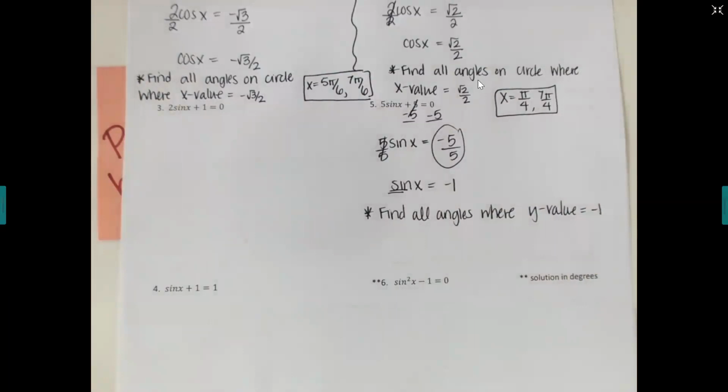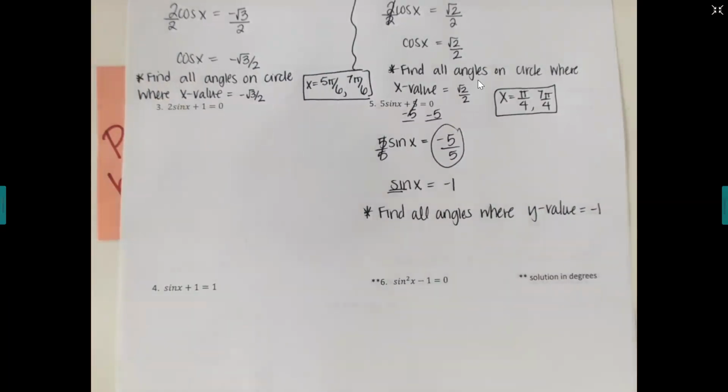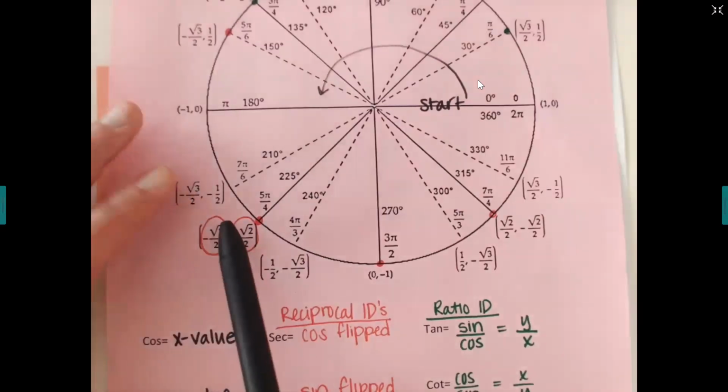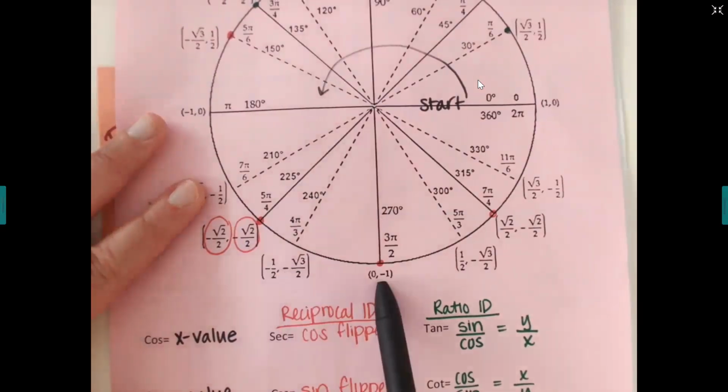I can usually focus on just half the circle at a time. If I want a negative y value, do I want the right side, the left side, the top half, or the bottom half? For a y value to be negative, I would have to look down. So the bottom half. Very good. So notice that all my y values down here are negative.